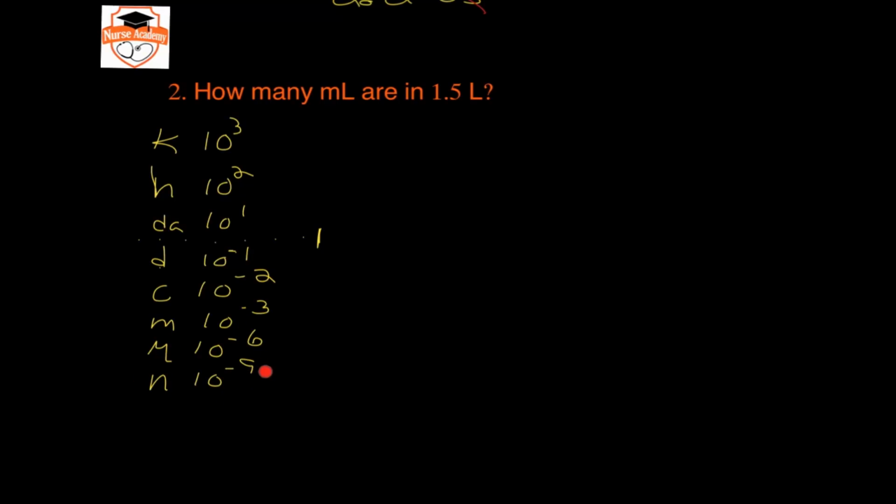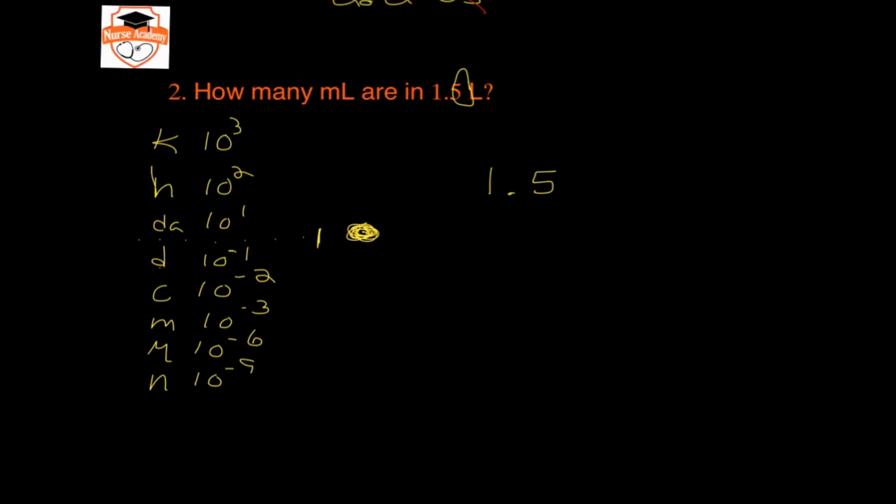And it's important to note that when we get down here, we're going down by a factor of 3, not by a factor of 1 anymore. We're then starting with 1.5 liters. I'm going to write my 1.5 value down. That is, the liter would be right here because it doesn't have any prefix in front of it.